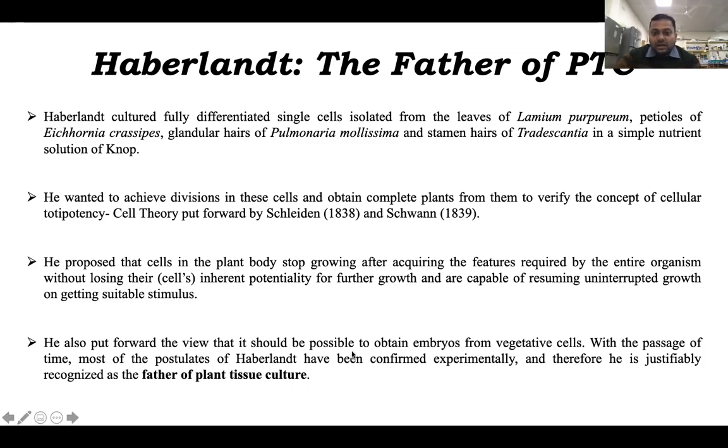He also put forward that embryos can be obtained from vegetative cells, whereas until then the concept was that embryos can only be obtained from the gametic cells, from the androecium and gynoecium. Because of his vision, he is considered the father of plant tissue culture.